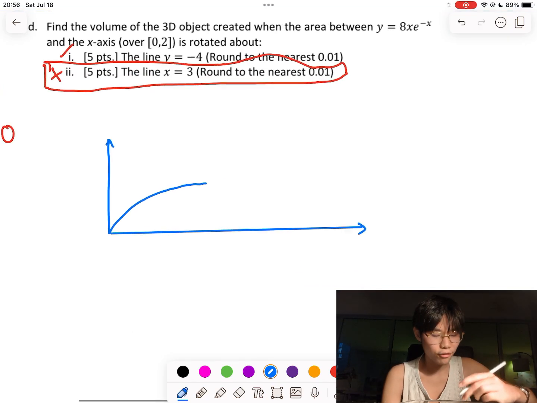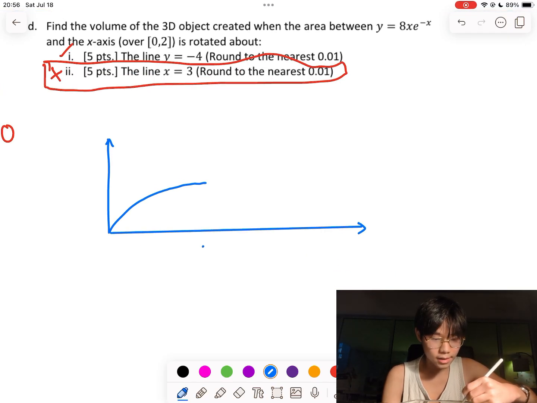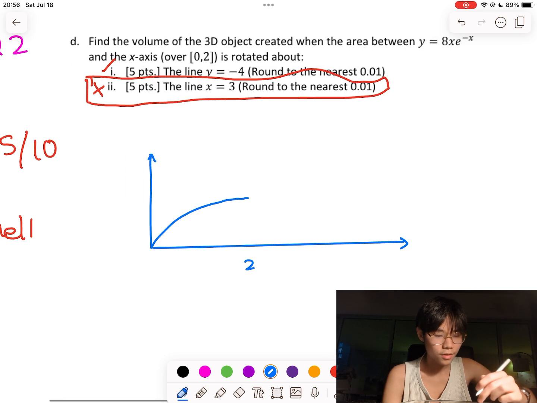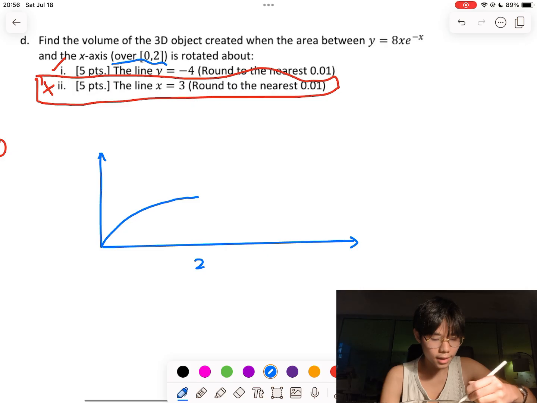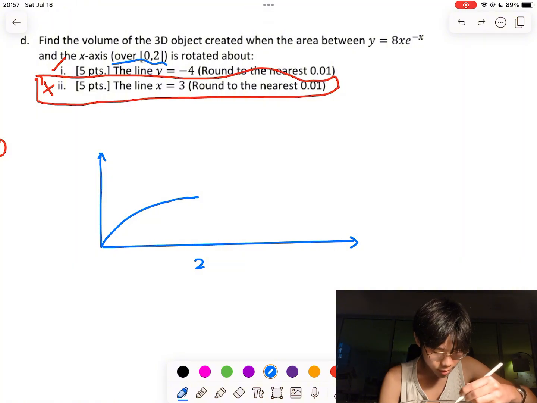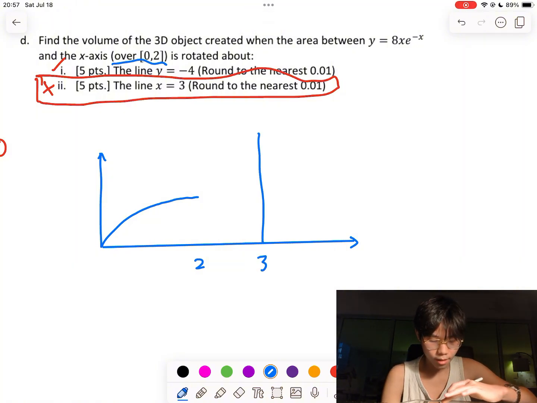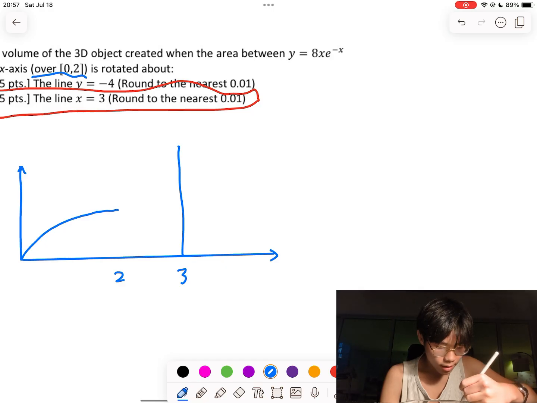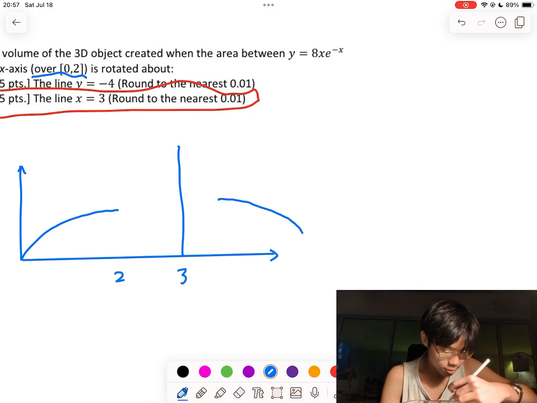I already knew this beforehand. And x equals 2, over 0 to 2, and then you have x equals 3. Oh, that's a bit close. Let me put it here, and then it keeps going.